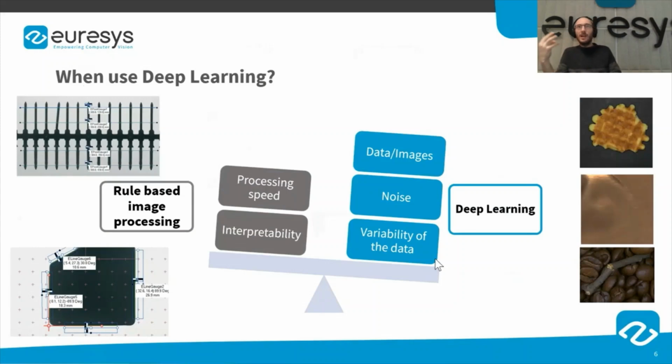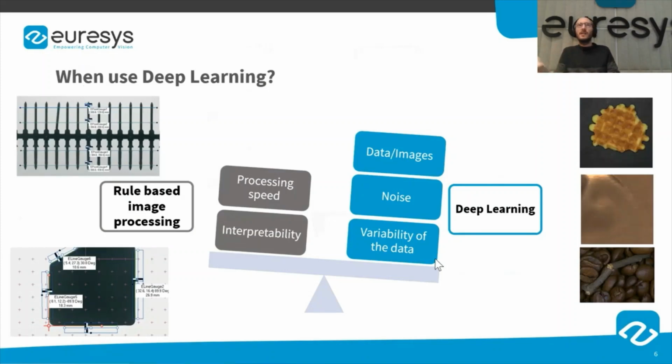With a deep learning algorithm, you know that on average your accuracy will be a bit better, but when you get a decision from the neural network, it can be quite hard to say why this decision was made. And it can be a problem in some industries.